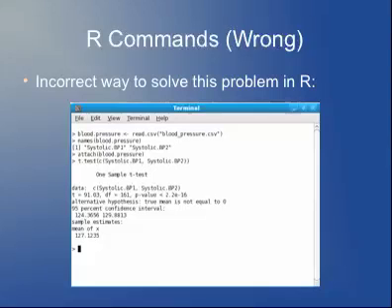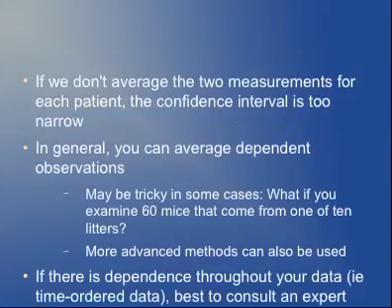It goes from 124.3 to 129.9. Not horribly off, but it's a little narrower than it should be. If you don't average the two measurements, you end up with a confidence interval that's too narrow.